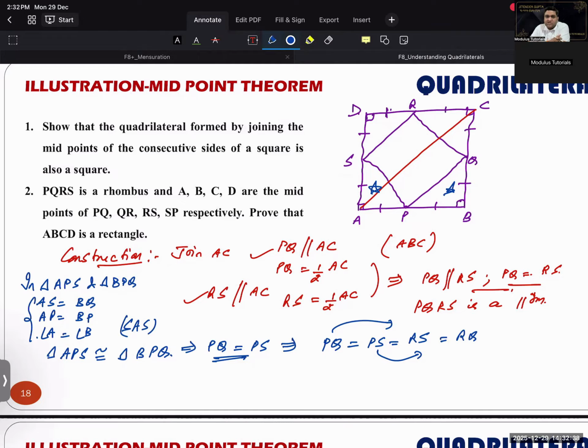Now, if I can establish angle P is 90 degrees, my job is done. Or otherwise, I can establish PR is equal to QS. If I can establish one of the two, my job is done. So I'll be establishing this angle P is 90 degrees. If I can establish it's 90 degrees, my job is done.